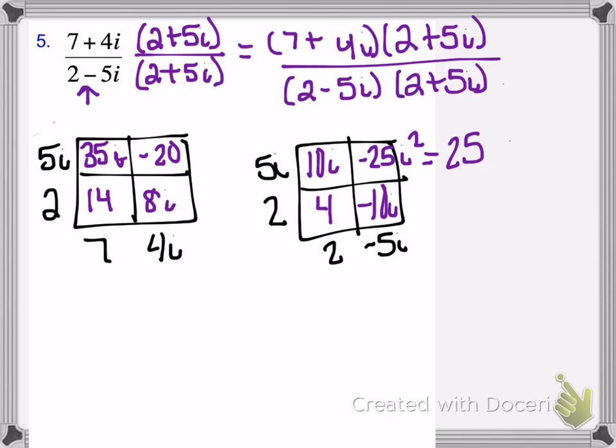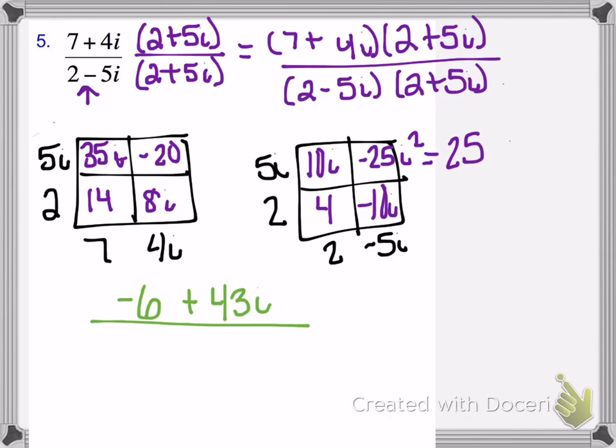Now I'm ready to combine my like terms and put my final answer together. So in my numerator, I have 14 plus negative 20. Remember, real part always comes first. So negative 6. 35i plus 8i is going to say positive, what is that, 43? 43i.